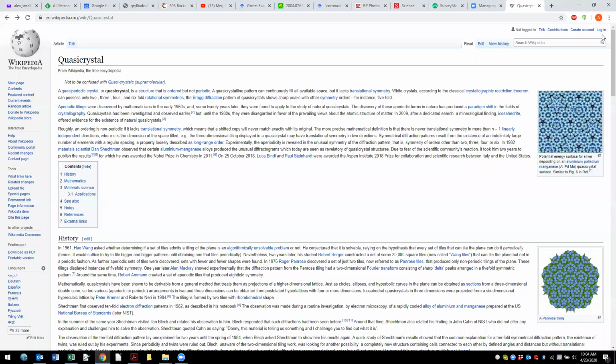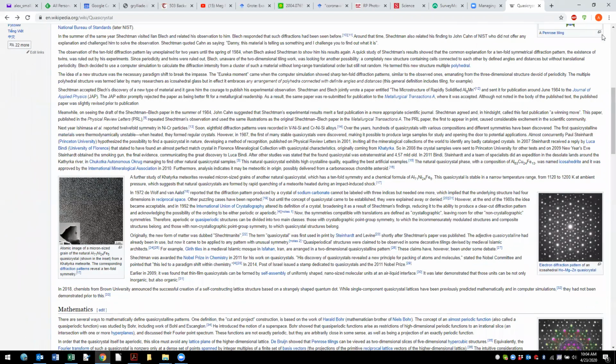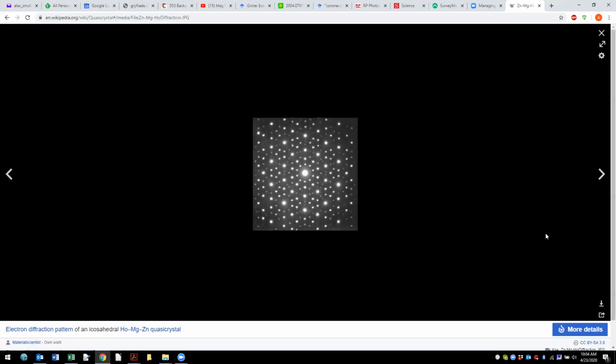So the mathematics of these was discovered in the 60s. The experimental evidence for them came in the 80s. If we look here, we see an electron diffraction pattern with, let's see, it looks like 1, 2, 3, 4, 5, 6, 7, 8, 9, 10-fold symmetry. You see how these rings are almost circular.